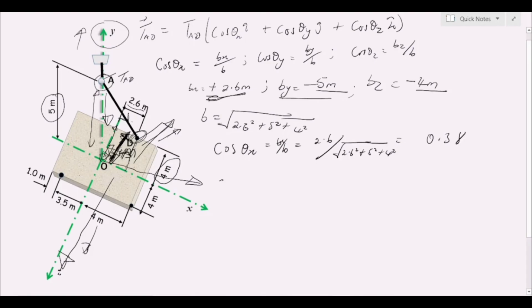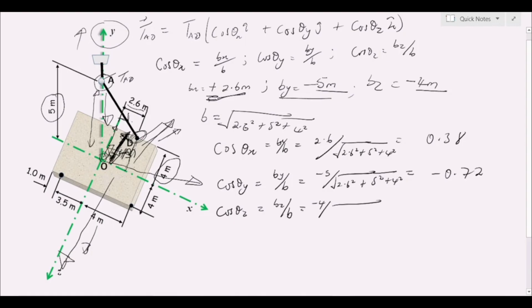Then cos theta y, the direction cosine in the y-axis, is BY divided by B, which is minus 5 divided by the square root of 2.6 square plus 5 square plus 4 square. If this is estimated properly, we are likely going to get minus 0.72. And finally, cos theta z, which is equal to BZ over B, is minus 4 divided by B, which is equal to minus 0.58.